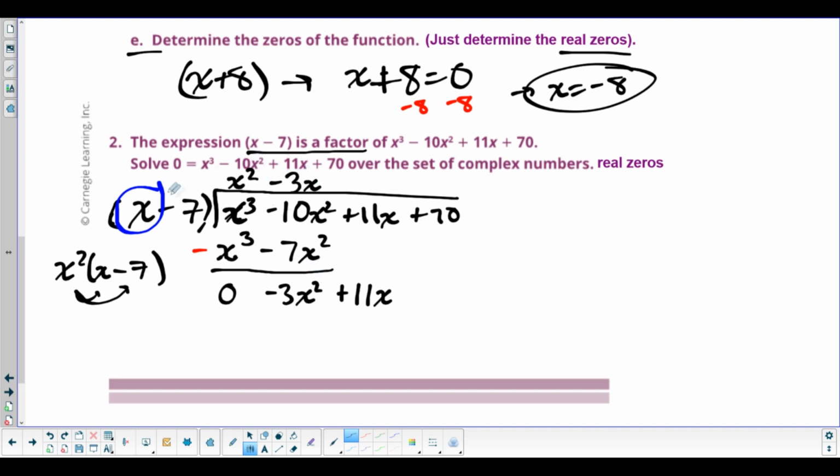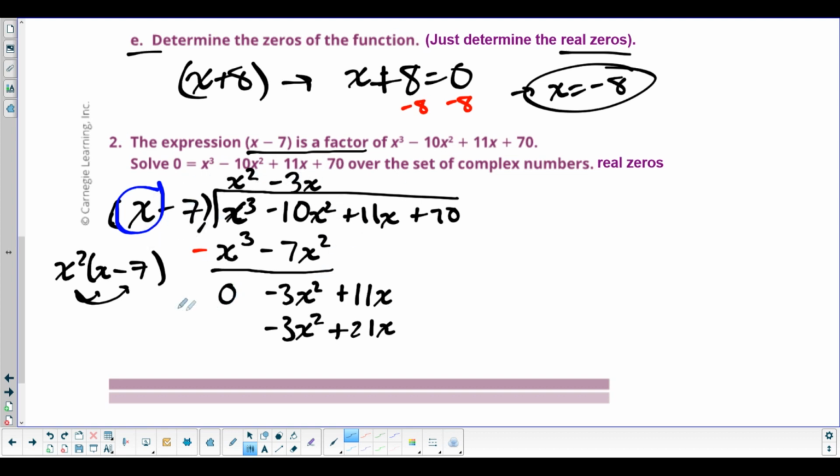My first term is going to be -3x squared, which is good. I want those to cancel out. I want to make my process smaller and smaller each time. However, I'm going to have to multiply -3x times -7, and that's going to give me plus 21x.